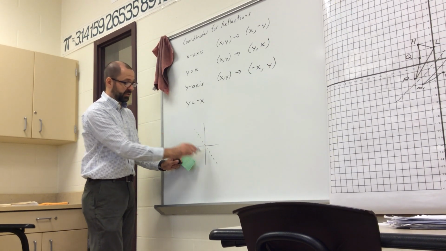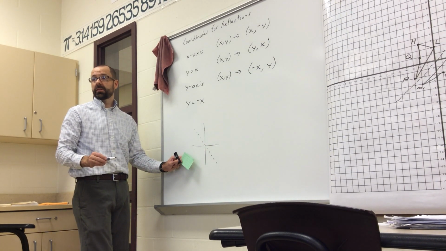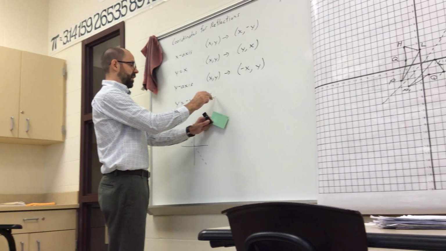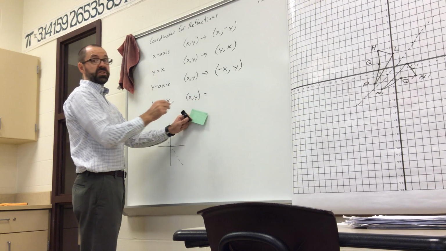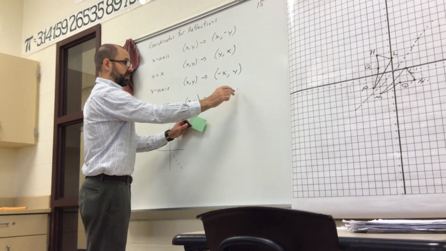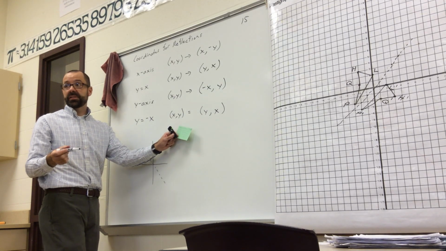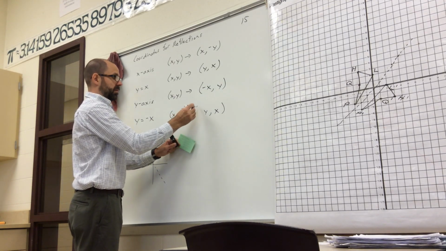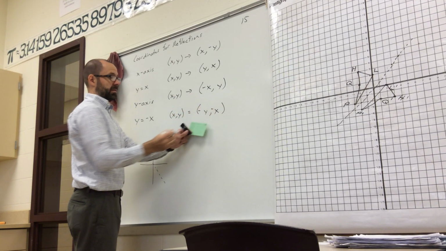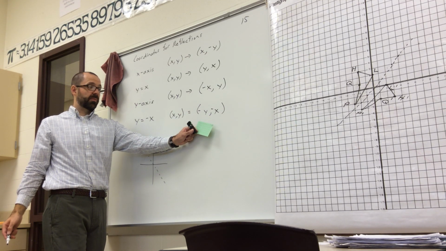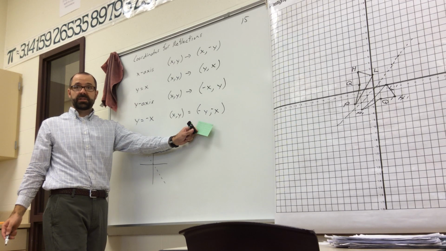Y equals negative x is a diagonal line going that way. And what happens there is the x and the y, they switch, and they opposite. So xy becomes opposite y, opposite x.